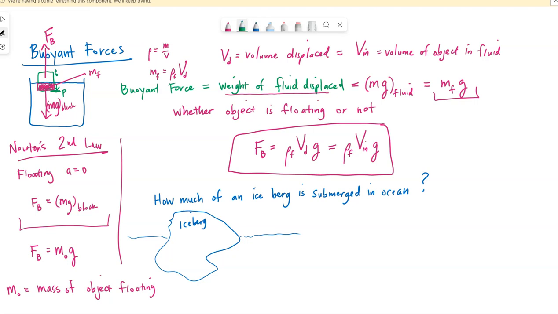If we think about V_in, volume displaced, it's this portion of the iceberg that is in the water. So the buoyancy force, based off of just this equation right here, is going to be the density of the water, because that is the fluid. So seawater specifically, they're out in the ocean. So the density of the fluid, the volume in, times g.